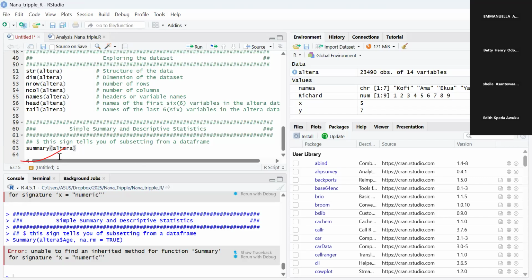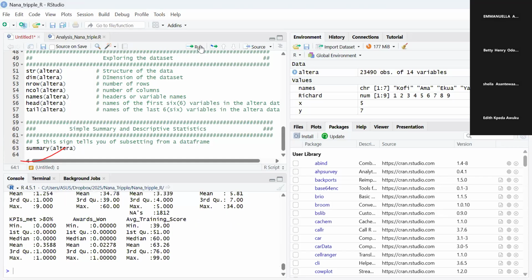But once I want it to summarize Atera, what specifically? R can only summarize numeric data. Even if you ask it to summarize the whole Atera and you run it, it will summarize it for you. Right? So let's summarize the whole Atera.